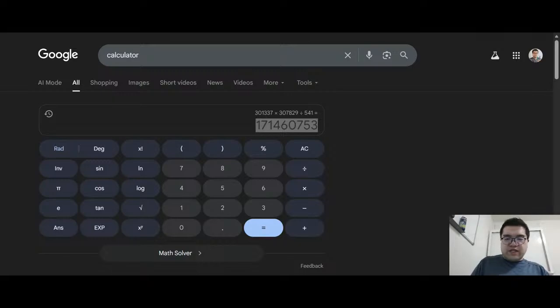This time we need to use unique prime factorization to help us a little bit.